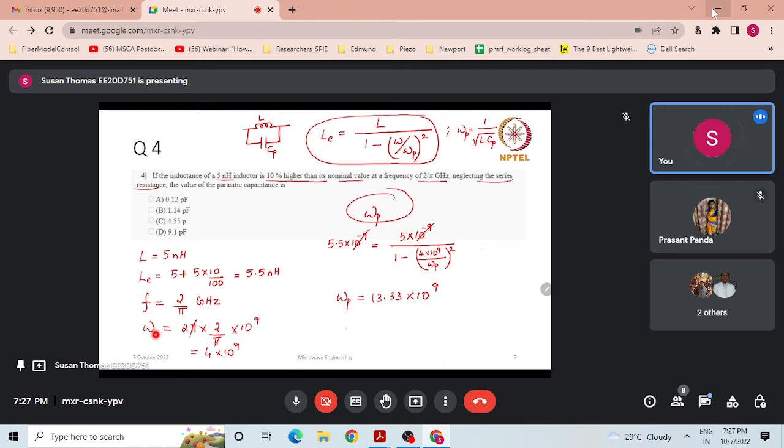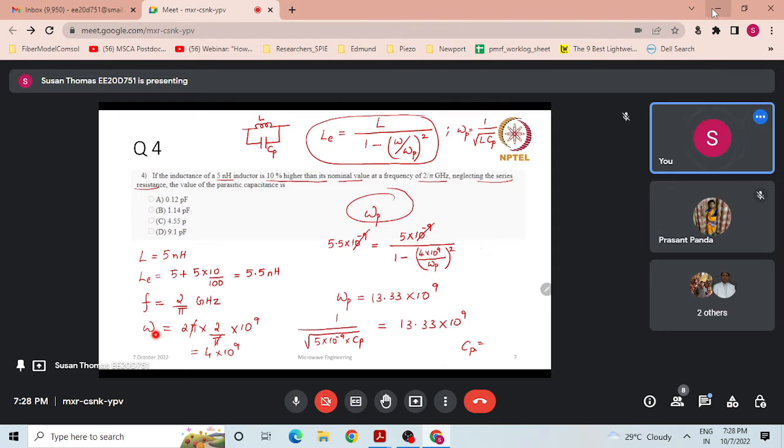We know that omega p is 1 by root LCp. So 1 by root of L, which is 5 into 10 power minus 9, into Cp is equal to 13.33 into 10 power 9. Cp can be calculated from this.